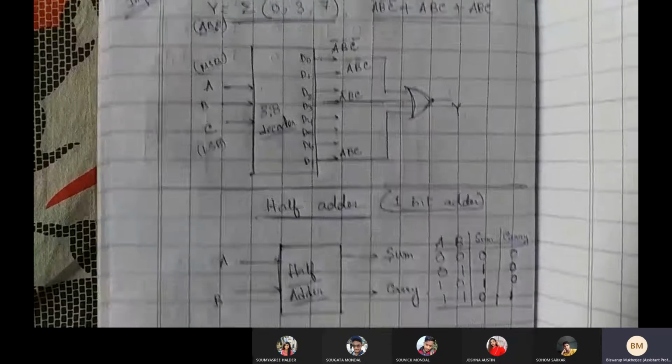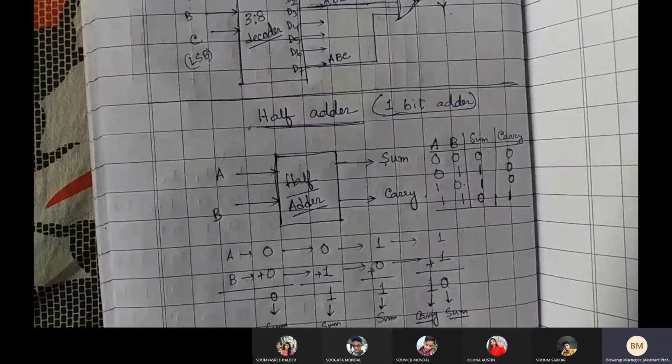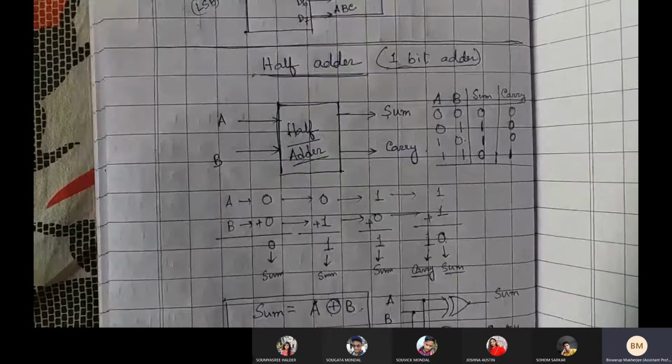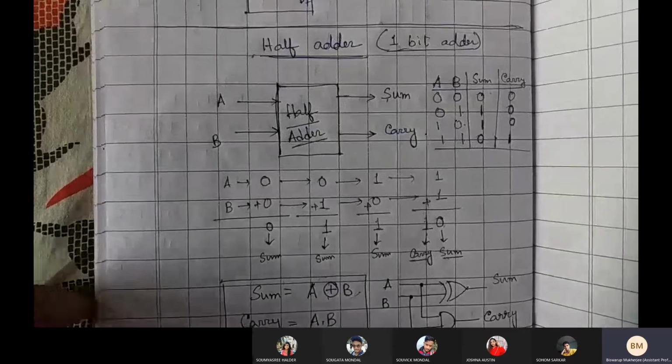But adders are such an important part of modern processors that if we implement one adder with some improvement in all senses, overall the circuit or processor performance will increase. That's the major issue. So that is why such kinds of adders are very important.